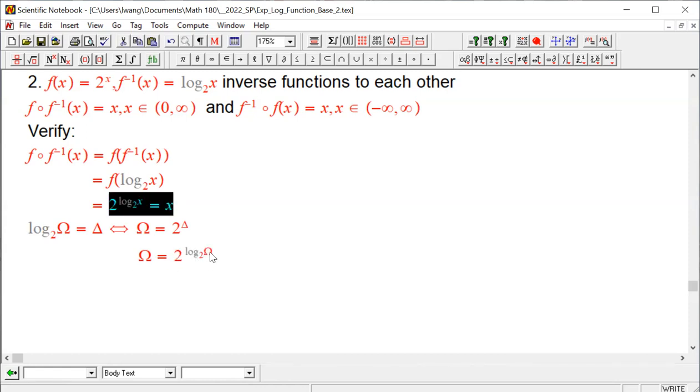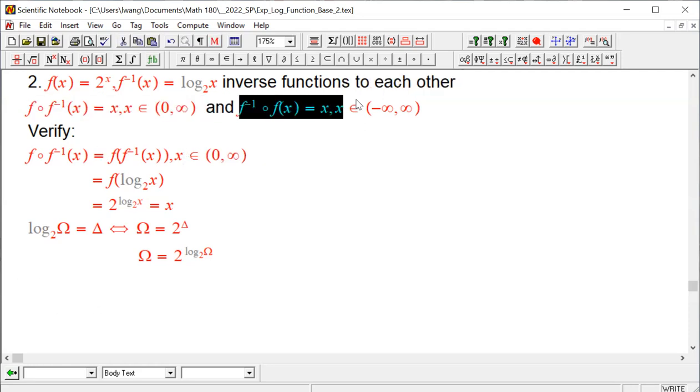The only difference is one is called omega, one is called x. It makes no difference. It's just a placeholder in the same spot. So let's look at the other one. Note that this x is from the domain of logarithm, log base 2 x.